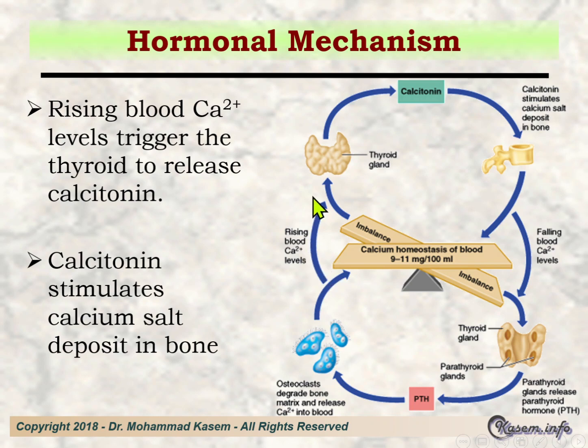and then raise it back to the blood, which will stop the parathyroid hormone from working and stimulate the thyroid gland to release the calcitonin, which will stimulate calcium salt deposition in the bone. So both hormones are working against each other and in fact are complementary to each other to make the necessary balance of calcium and the hardness of bones.